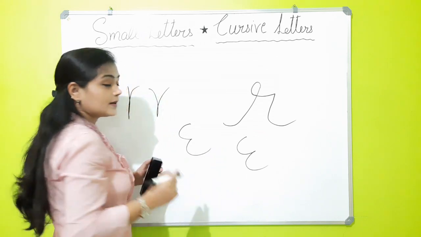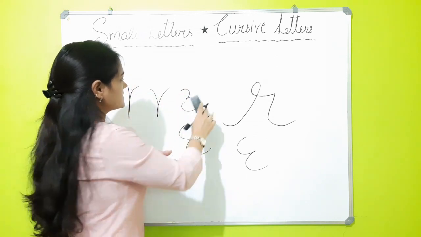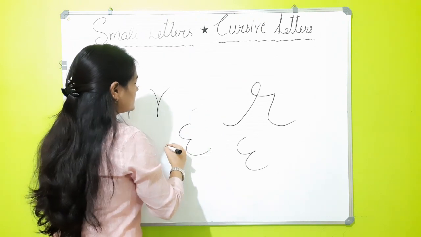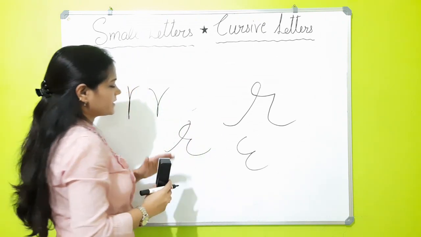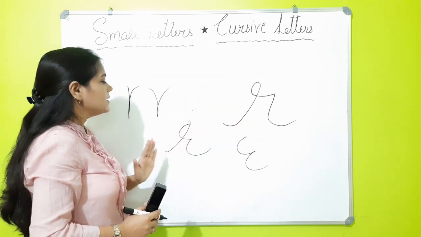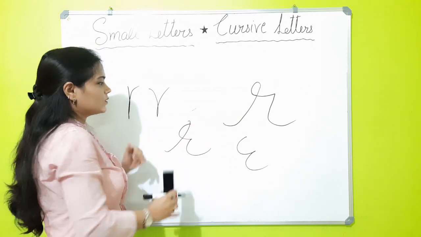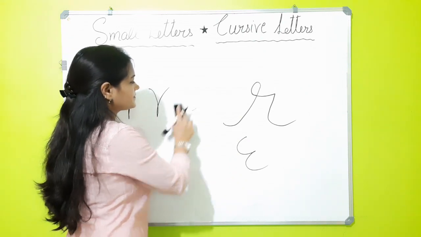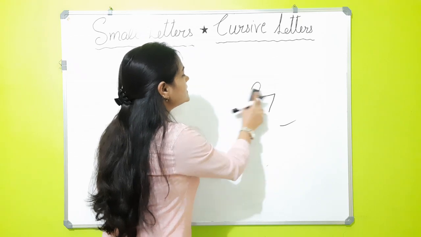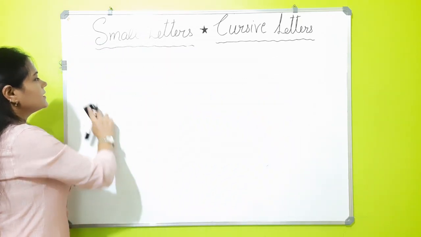See here. Number 3, if you have practiced, this is the reverse. Okay, in this we just add a tail. This also became small letter R, cursive letter R. Not exactly, but yes, initially you can practice this way also. This is your small letter R in cursive way and simple way.